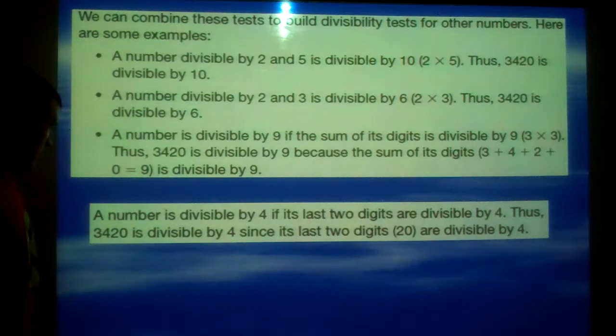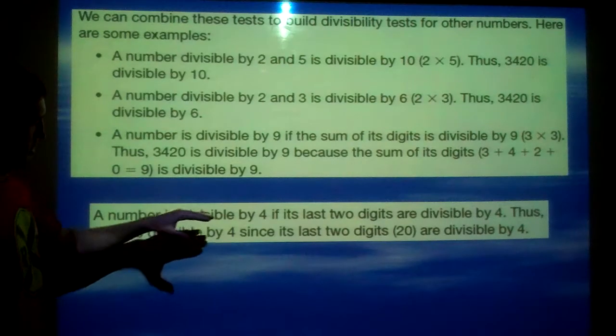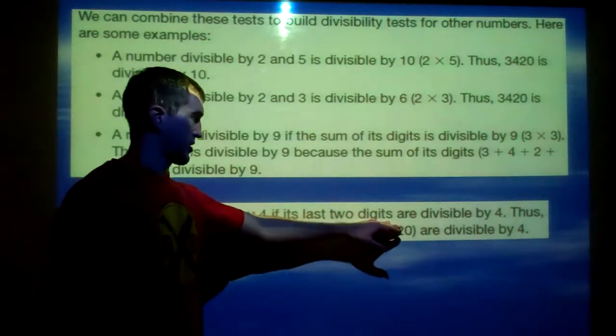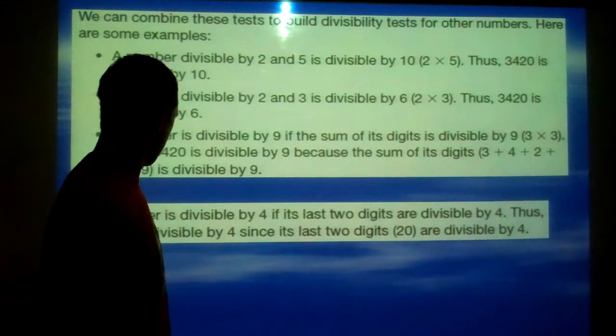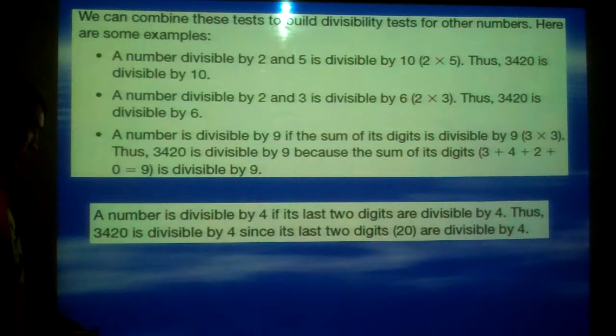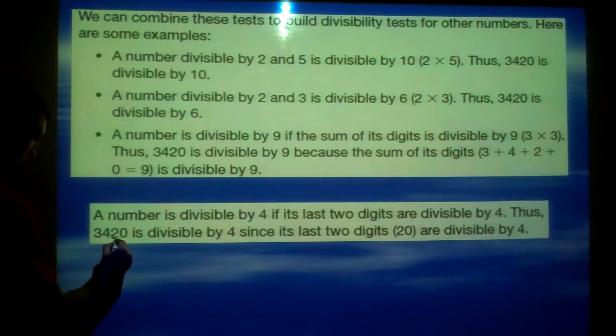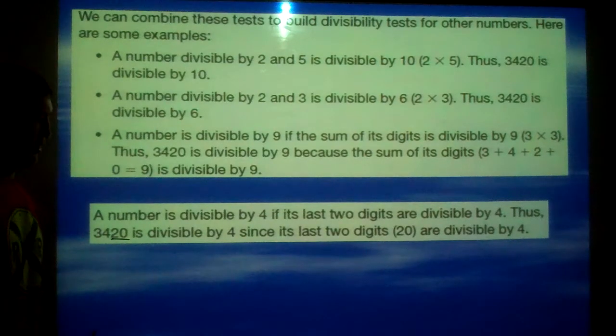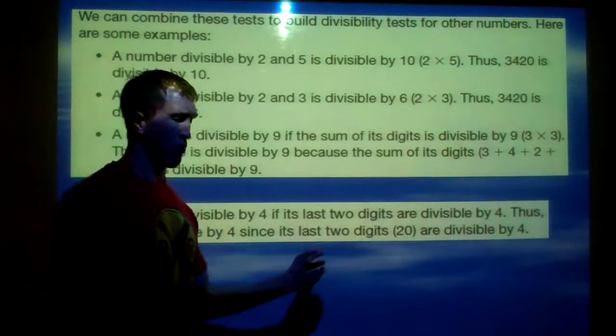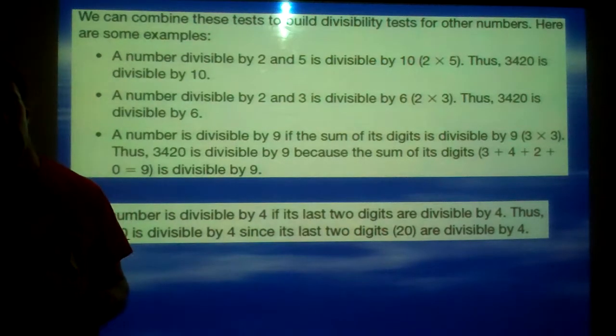Alright? And a number is divisible by 4 if its last 2 digits are divisible by 4. So if we take 3,420 again, it ends in 20, and 20 can be divided by 4, so 4 would work for this number as well.